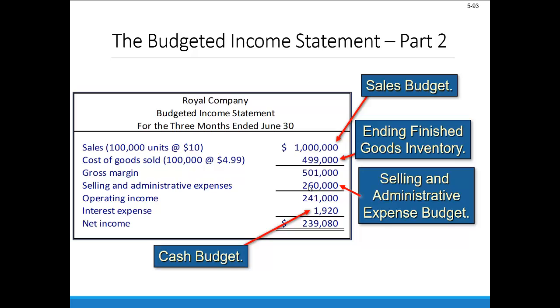And again, that's the total from the selling and admin expense budget of $260,000 for a projected operating income of $241,000. Finally, we'll deduct our interest expense from the cash budget there, and that'll give us our overall net income, $239,080. What we're saying is, based on all this budgeted activity we have for the upcoming period, we're projecting net income of a little over $239,000.